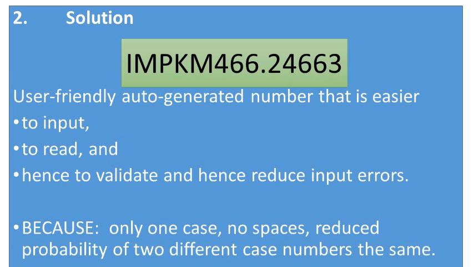The reasons are that there is only one case now: capitals, small letters, mixed. There are no spaces in between. There is a reduced probability of two case numbers being the same because the number generated based on the timestamp is much longer, because it includes the more minute seconds.